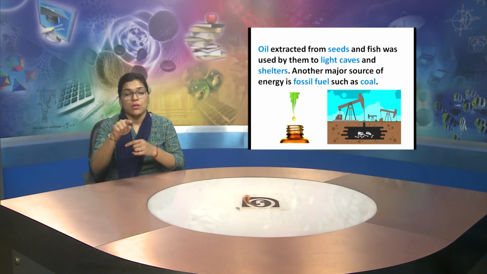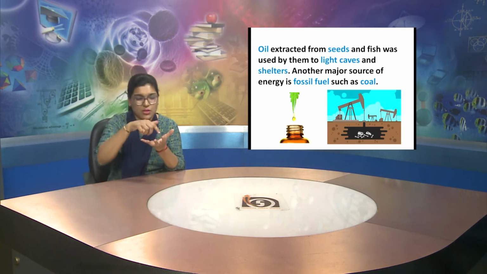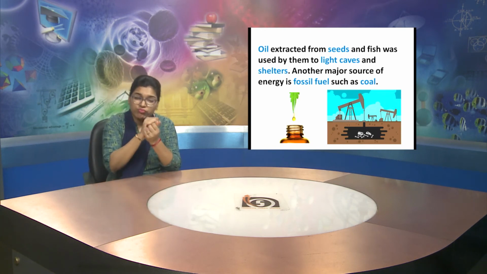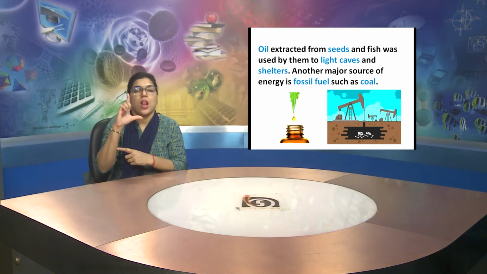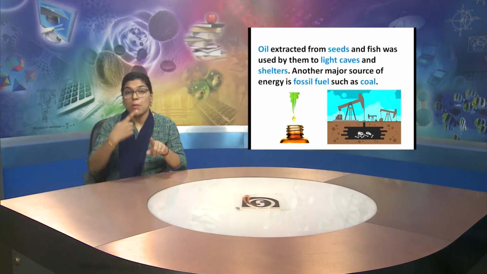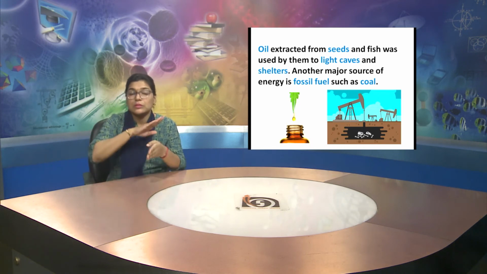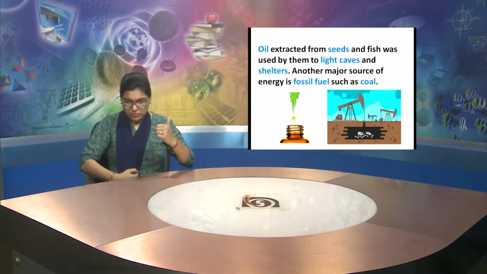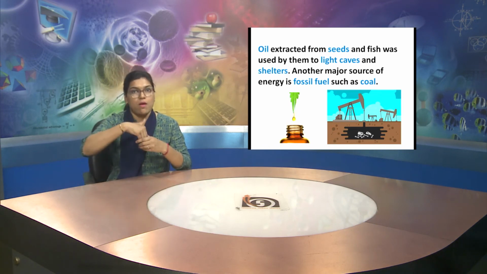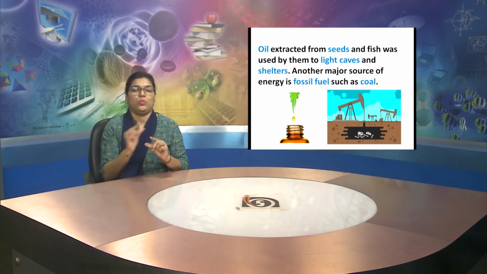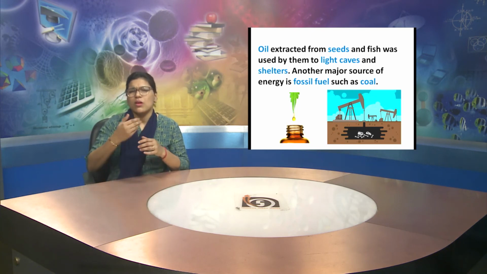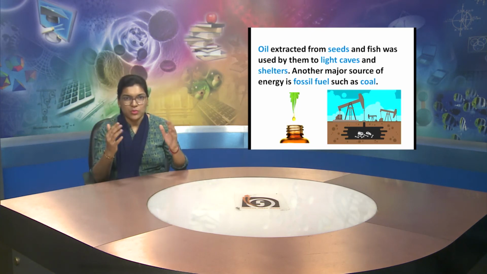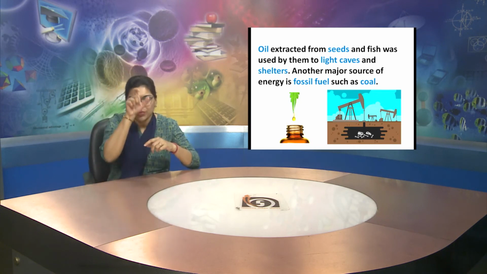Now this is another form of energy. We all know that seeds are very useful, and oil can be extracted from seeds, and also fish oil was used by that primitive man to light caves and have shelter.